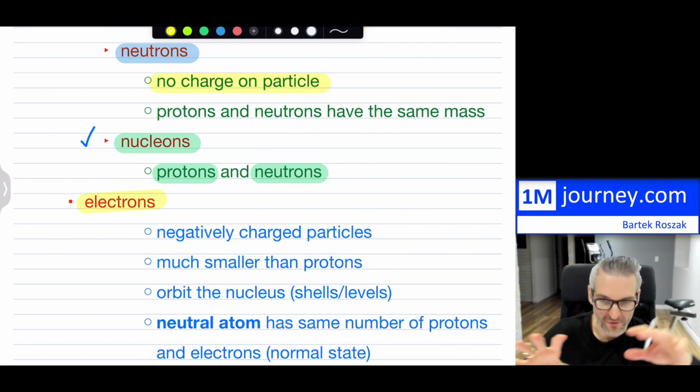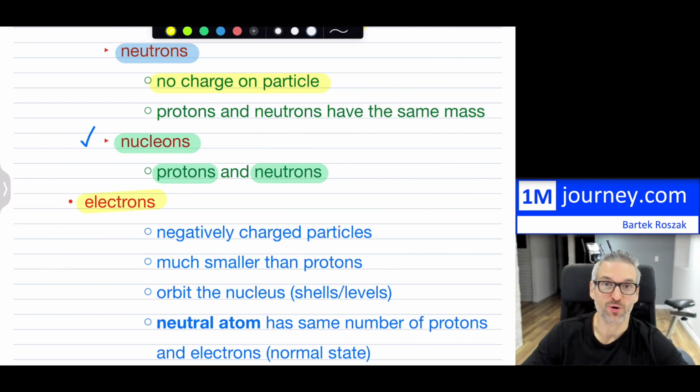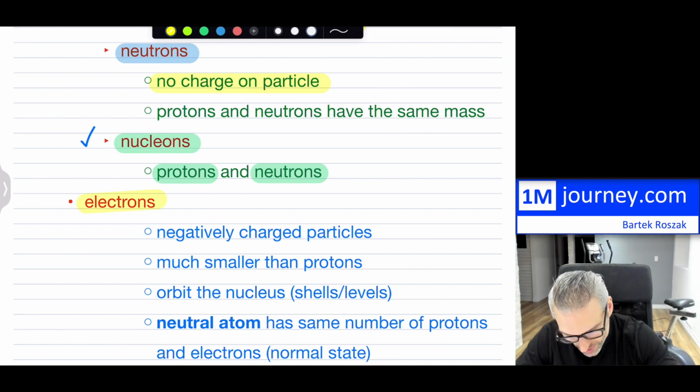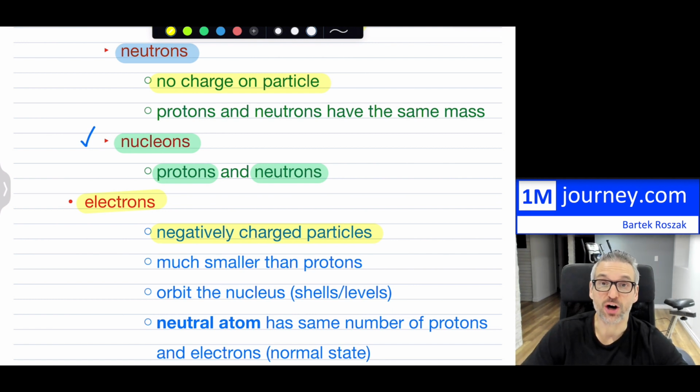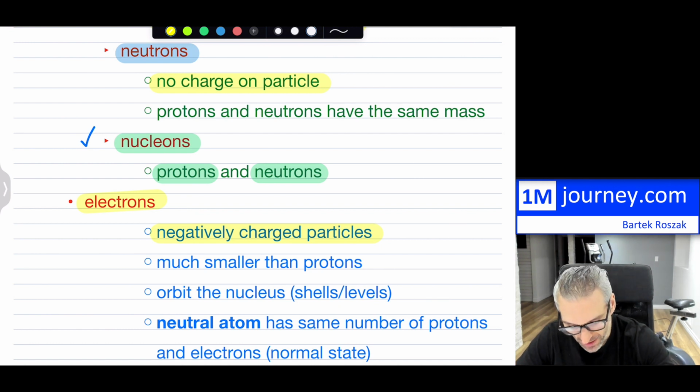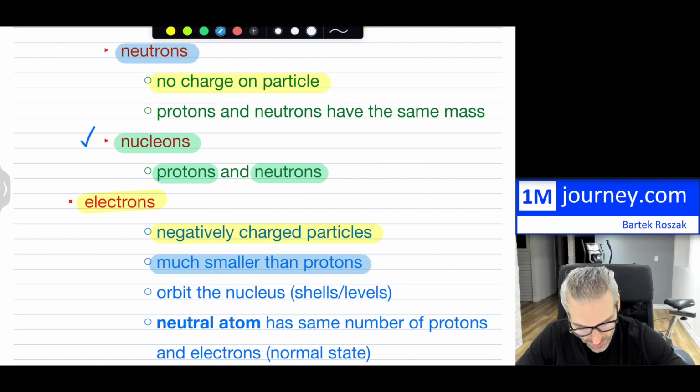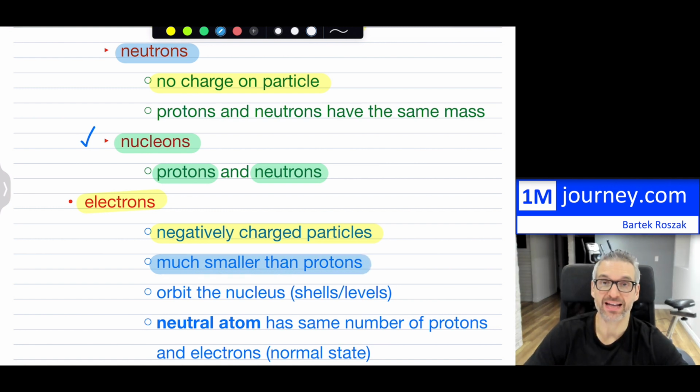And they have various orbits or shells or levels that they're flying around in. Now, electrons are negatively charged particles. So they have the opposite charge of a proton. Now, they are actually much, much smaller than protons. And here I am referring to their mass.